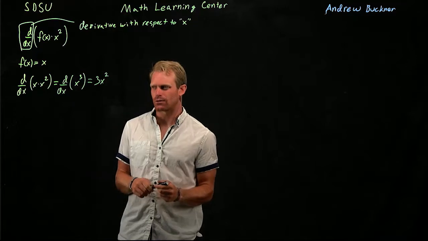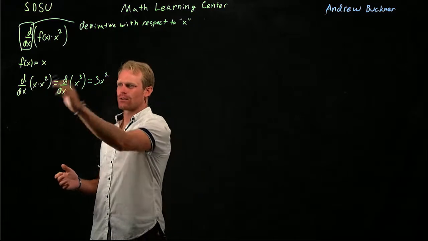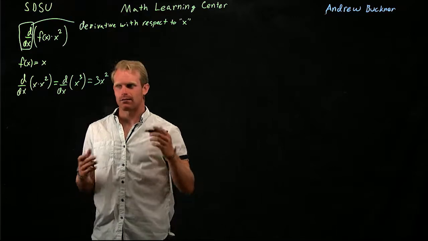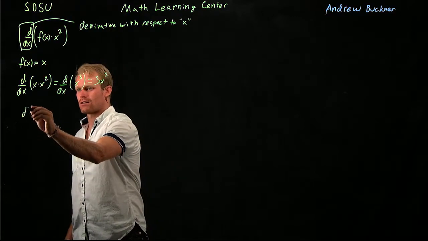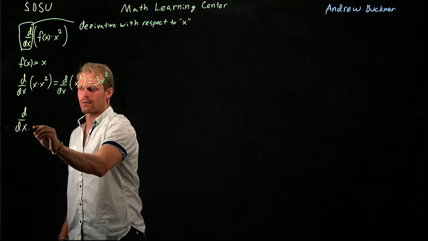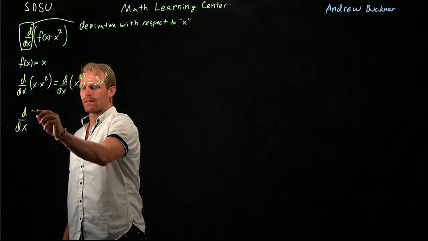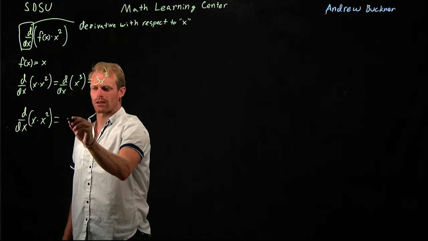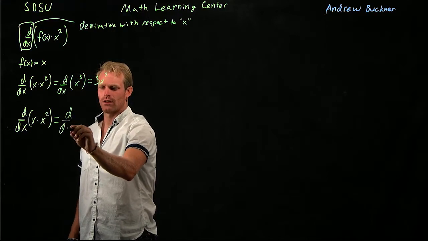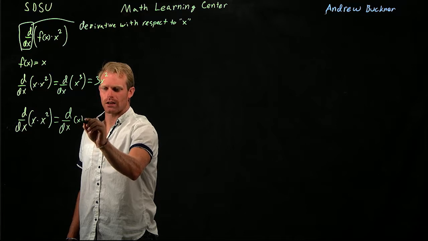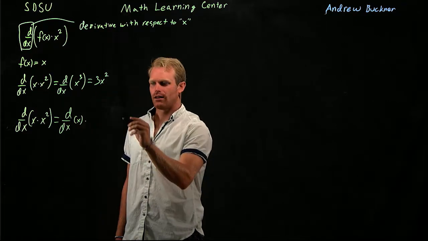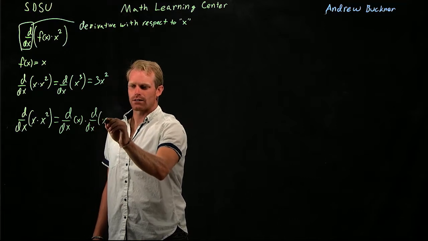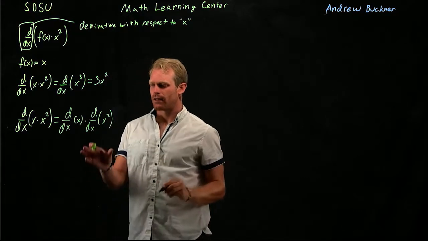And he asked, well, Andrew, why can't I just take the derivative of each term and then multiply them together? And I said, Barney, let's just go ahead and take care of that. So I have the derivative with respect to x of this here. And what Barney was saying is that I'm going to take the derivative with respect to x of the function x and then multiply it by the derivative with respect to x of the second function here.